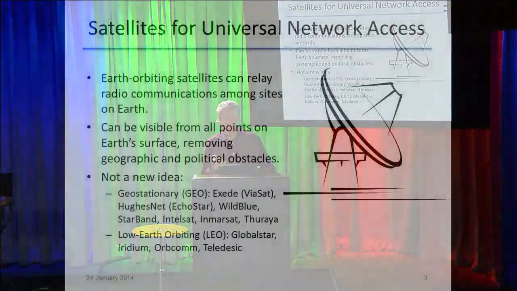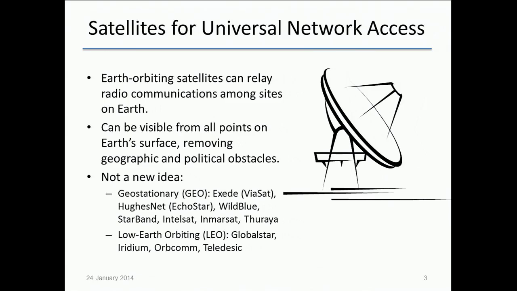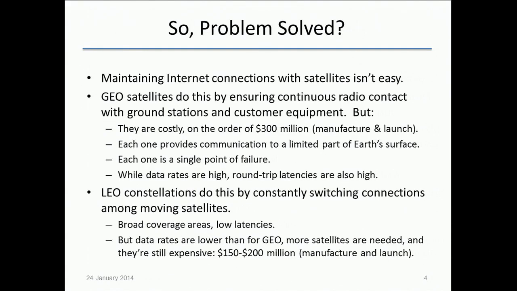And there also are low Earth orbiting, or LEO, constellations that are structurally entirely different, but also are providing service to large swaths of Earth's surface. Things like Globalstar, Iridium, Orbcomm. Teledesic was doing it. It's out of business now, but there are still other constellations in business. So is the problem solved then? Because we've got constellations, we've got satellites. What else is the problem?